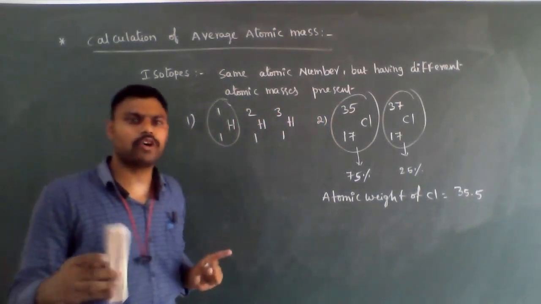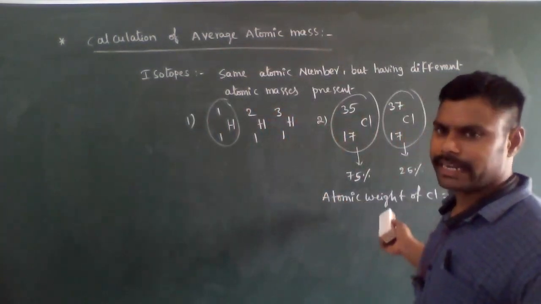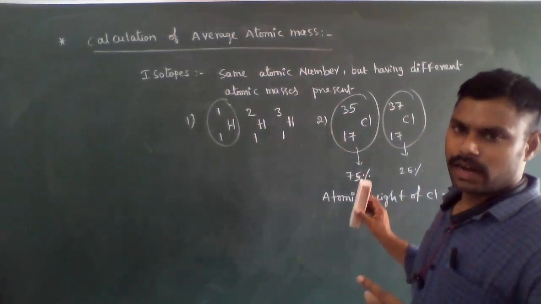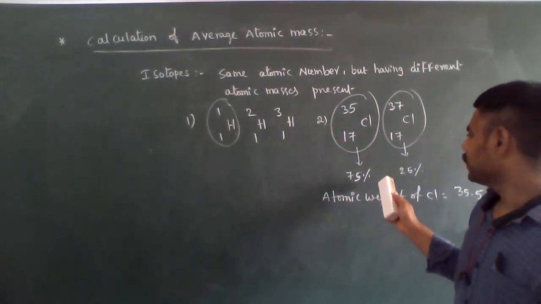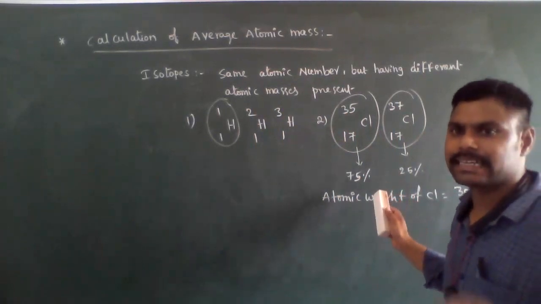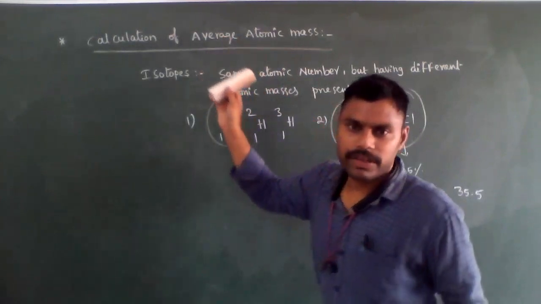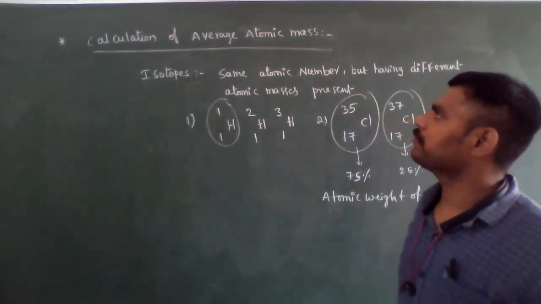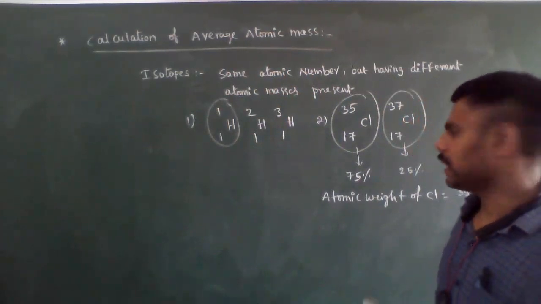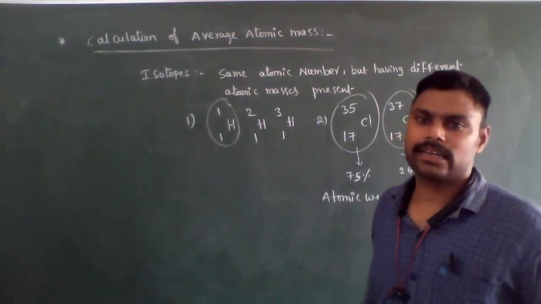When 2 or more isotopes exist, and their percentages of abundance are relatively measurable, we calculate their atomic mass by using the formula of average atomic mass.